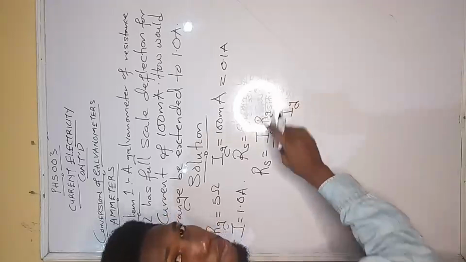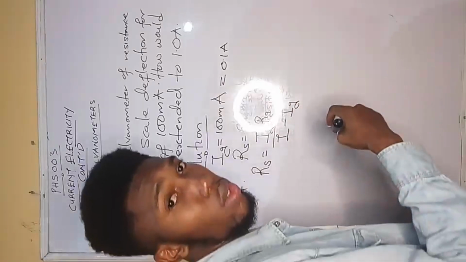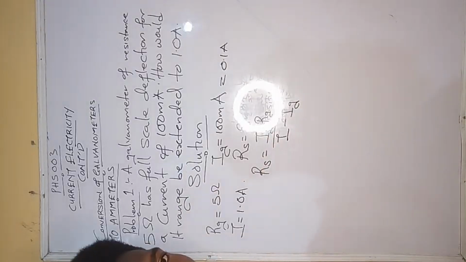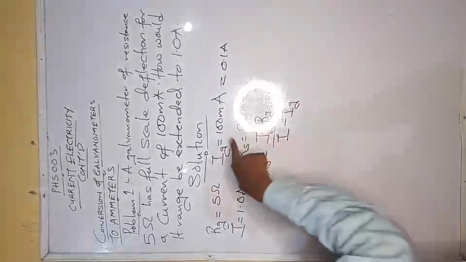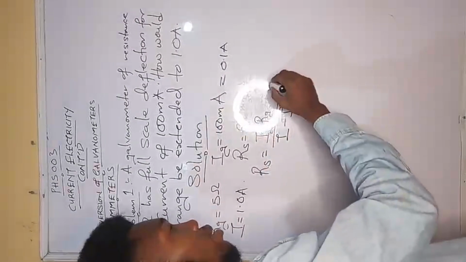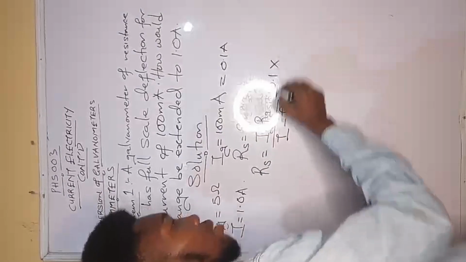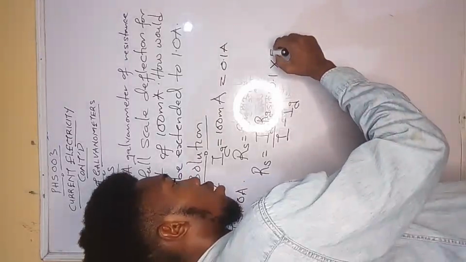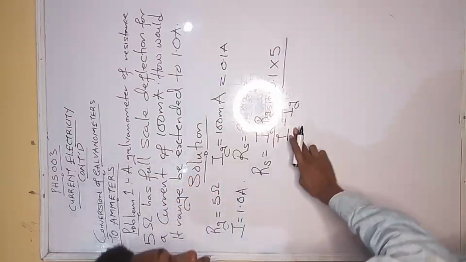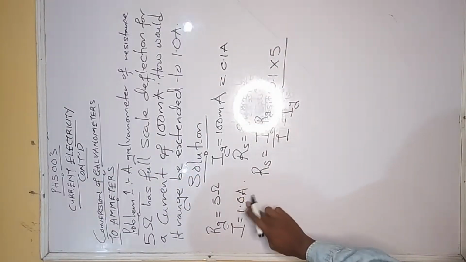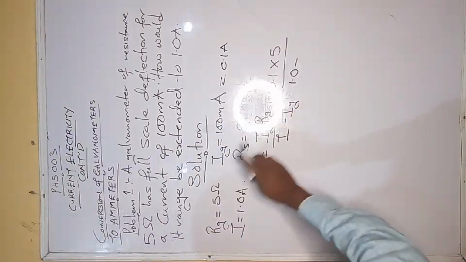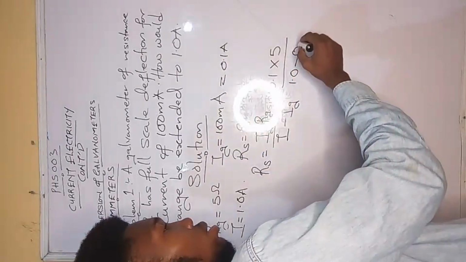Please somebody should start solving it on the calculator so that we can have our answer. Our IG is 0.1, times our RG, which is 5 ohms, divided by the total current I, which is 1.0, minus IG, which is 0.1.